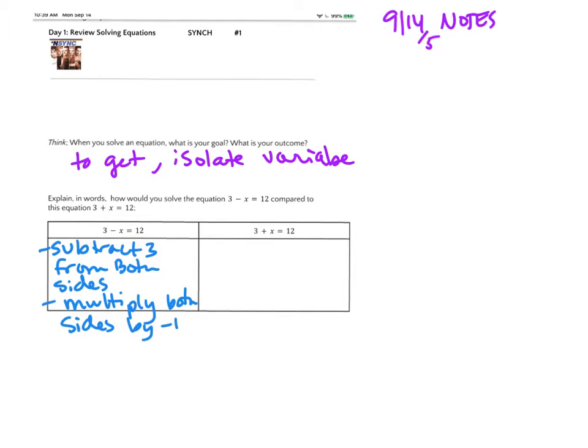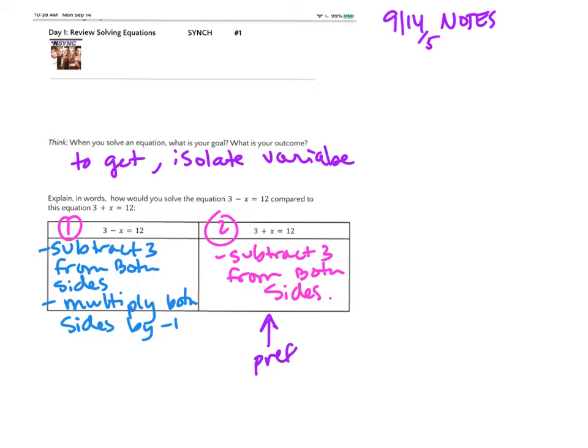With the other equation, we were able to just subtract 3 from both sides and be done. So a lot of us said that we would prefer this because there were fewer steps or it was easier. In general, that's a nicer equation to solve.